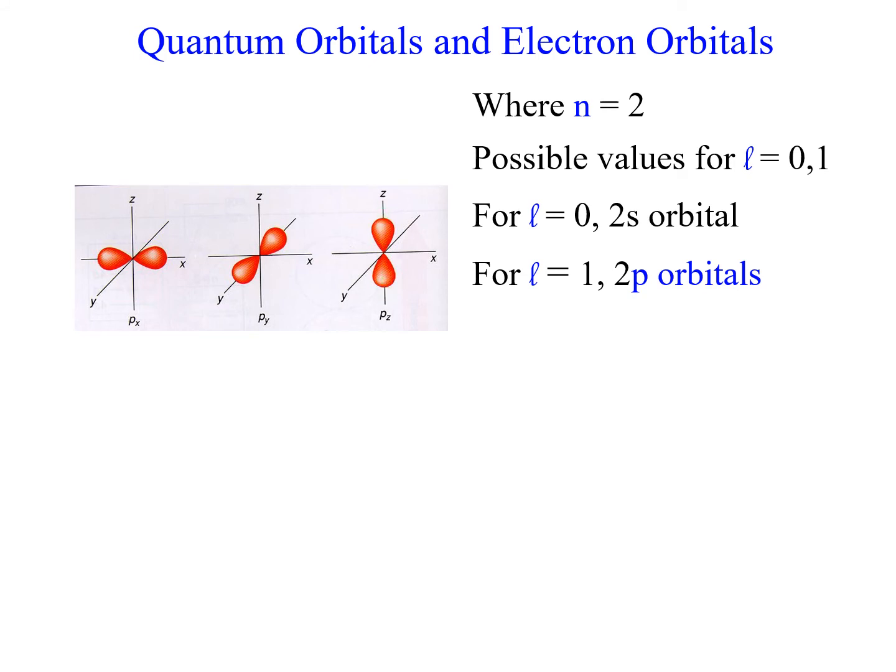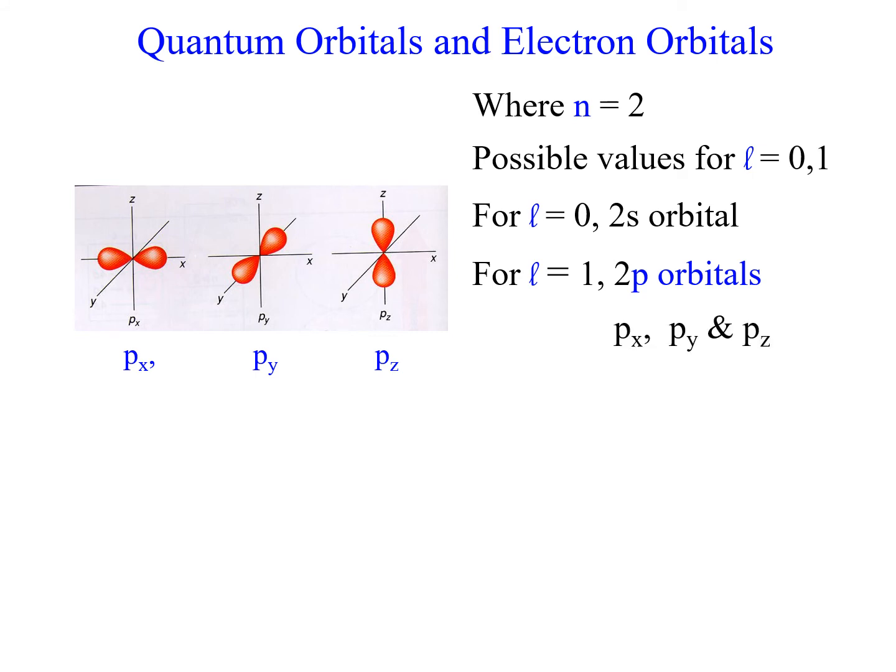Would you agree that they all have the same shape? Yes, they do. And so they all have L equals 1 for the p orbitals. They all have the same shape. All right, and so there's px, py, and pz.